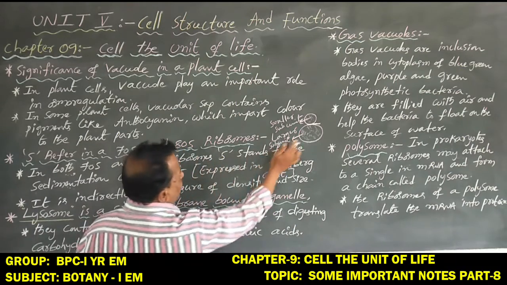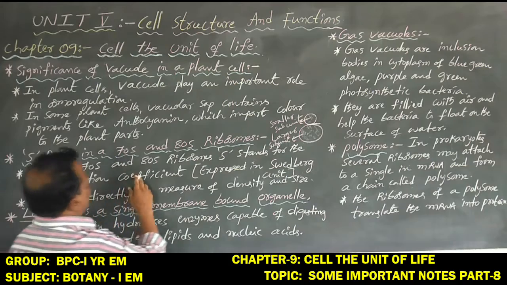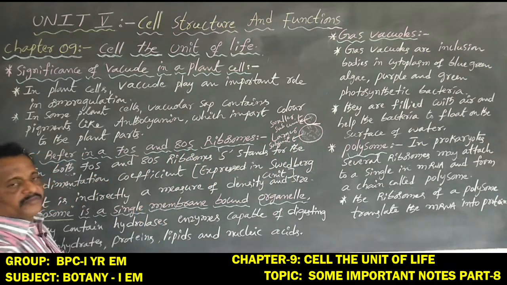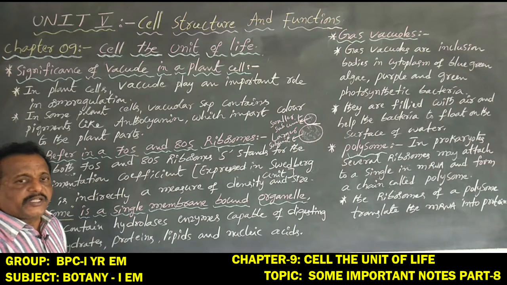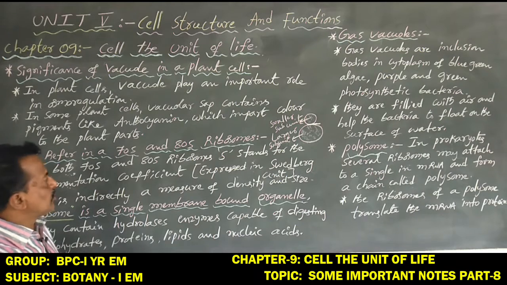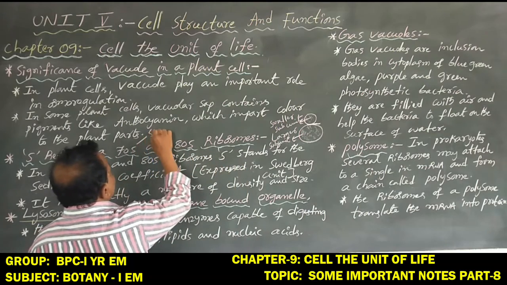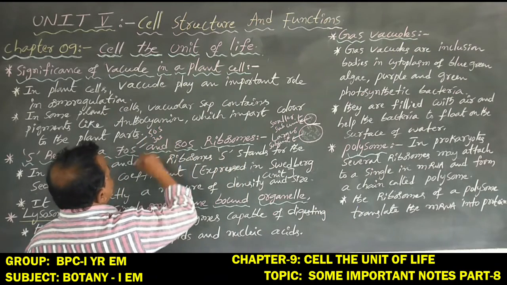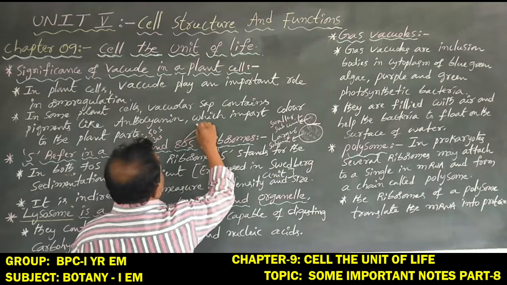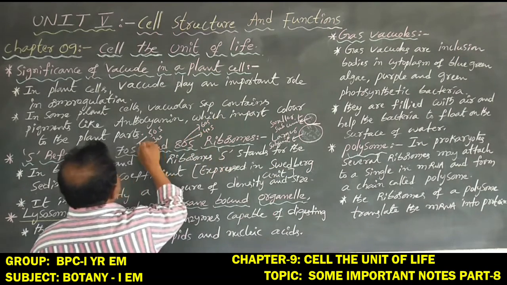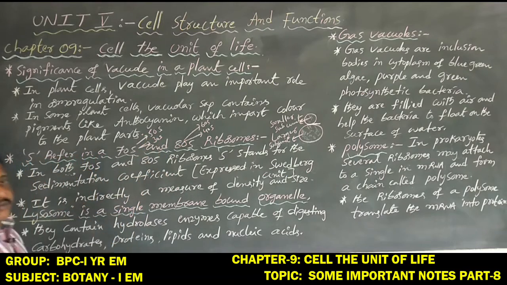S stands for the sedimentation coefficient. On the basis of sedimentation coefficient, the 70S type of ribosomes are again 50S and 30S. The 80S type of ribosomes are again 60S and 40S.